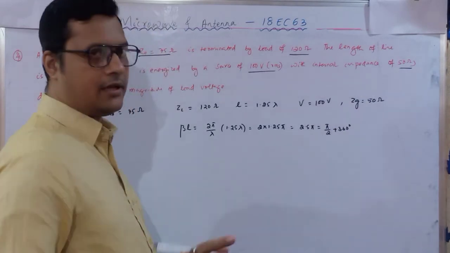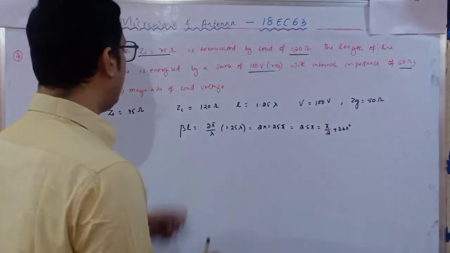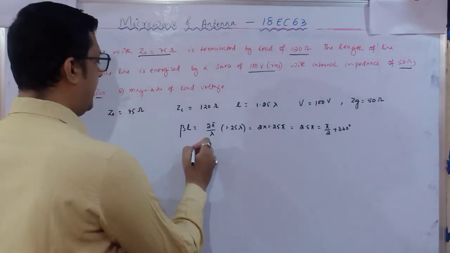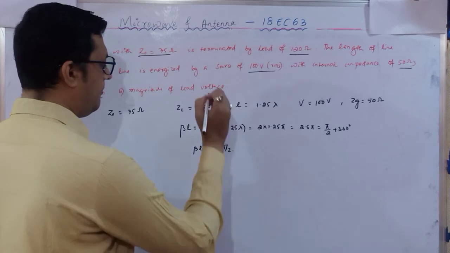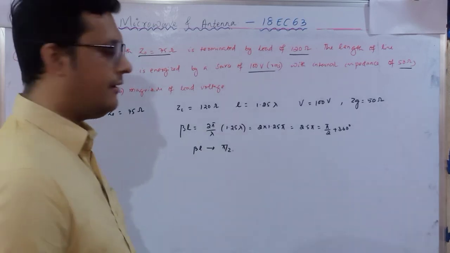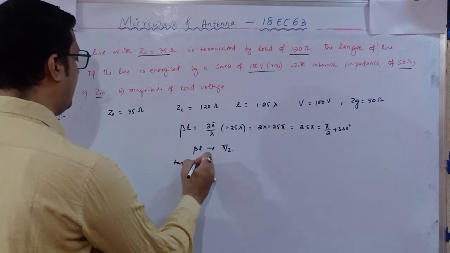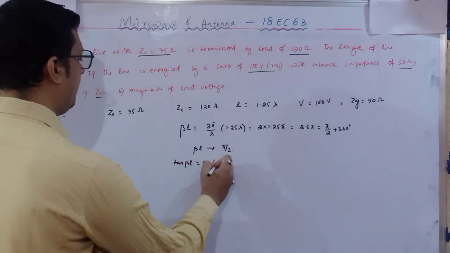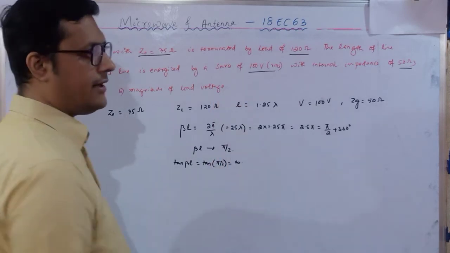That means one complete rotation plus 90 degree. Now this beta L tends to pi by 2. Okay. Now tan beta L, or tan of pi by 2, is equal to infinite.